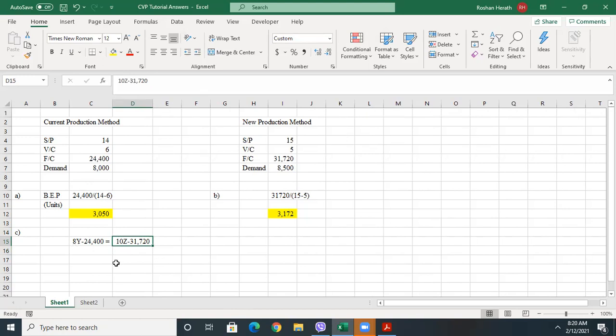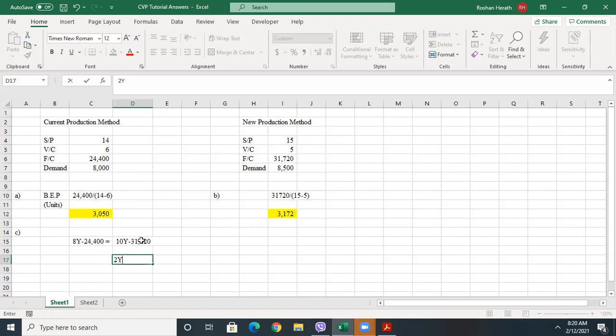So if you apply the mathematics, sorry, here you are supposed to take the same variable, it must be the y, otherwise it's not going to solve. Right. So it's 10y minus 8y, it's going to be 2y.